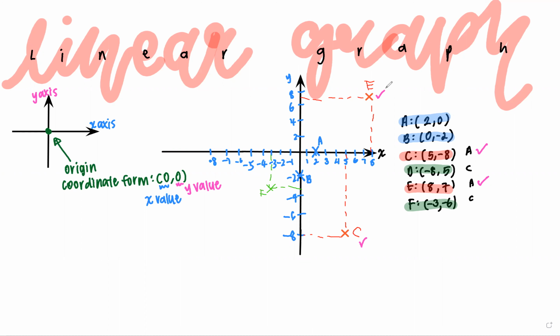Next up, for D. Oh no, you did F first. So F, Chauncey, you did wrongly because the question asked for negative 3, minus 6. But you did negative 3, negative 3. I sent Alyssa the correct one already. So totally not right.